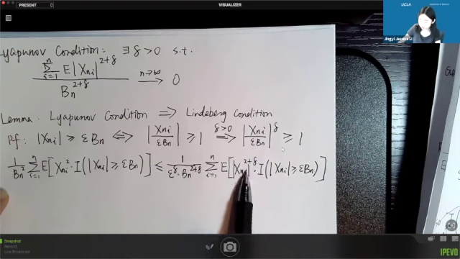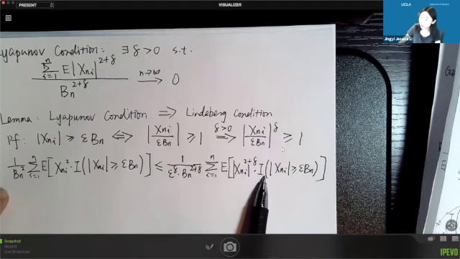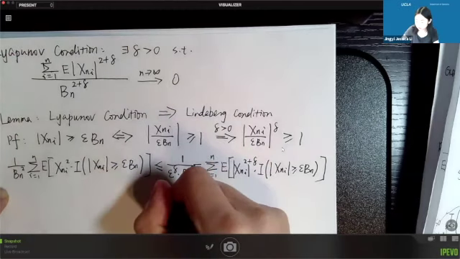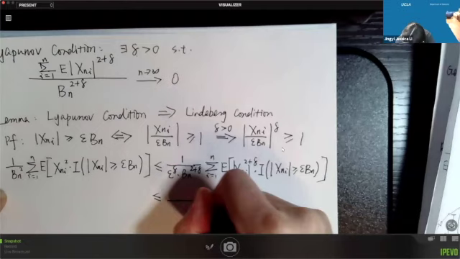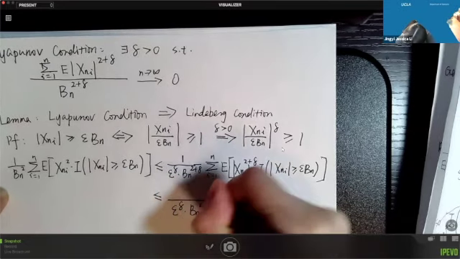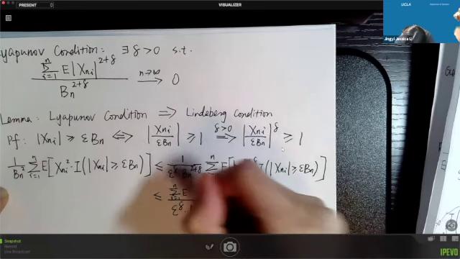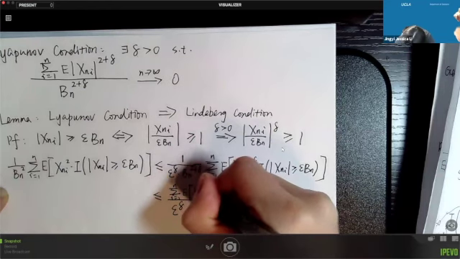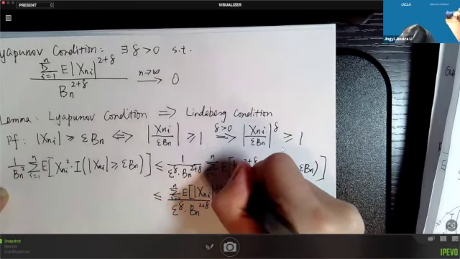And then I can further control this by changing the indicator to 1, right? The indicator is always less or equal than 1. So I can safely have another upper bound that is the summation of the expectation of |X_ni| to the power 2 plus delta.